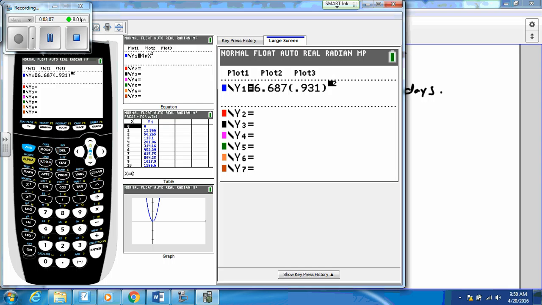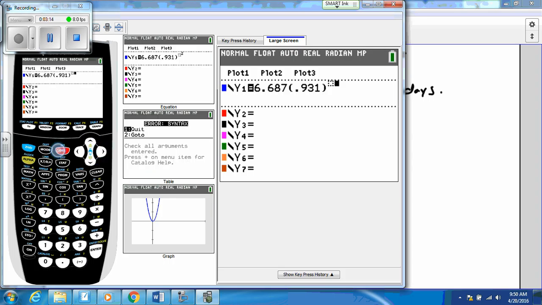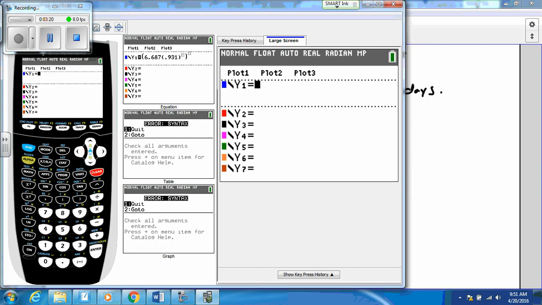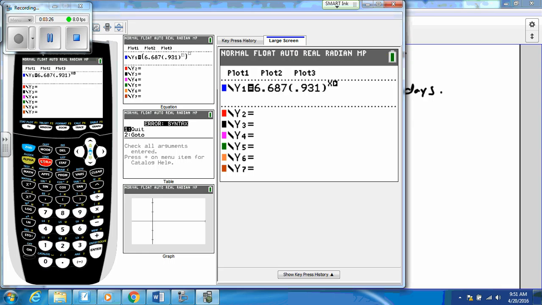Get rid of our extra junk. Okay. Is that good? That looks good.